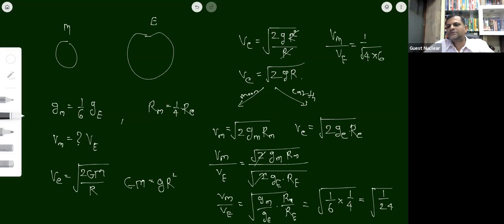So if we write it as 4 into 6, then vm becomes actually equal to 1/(2√6) into ve, and ve is already given there. कितना दिया है ve का वैल्यू, 11, करेक्ट है.